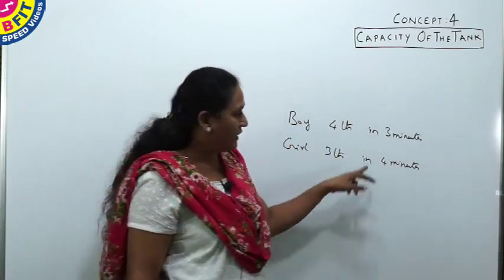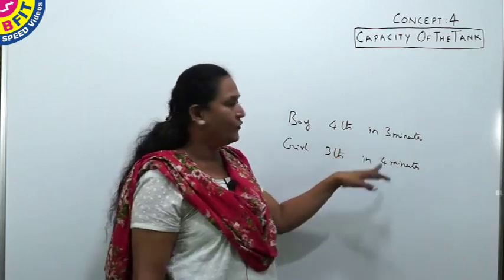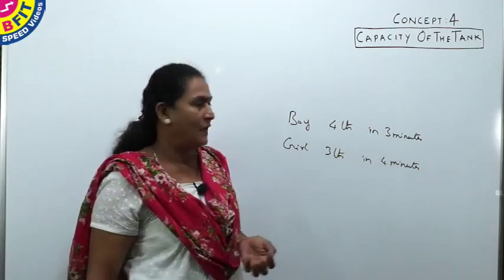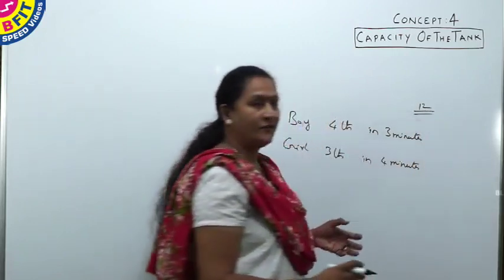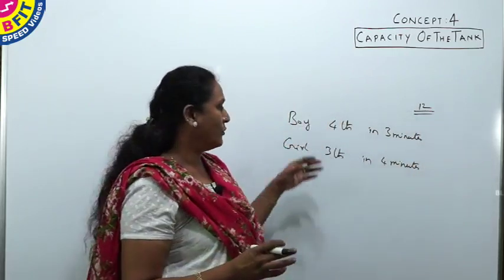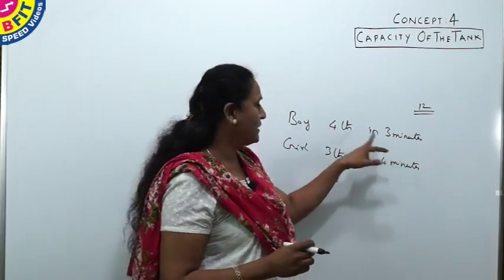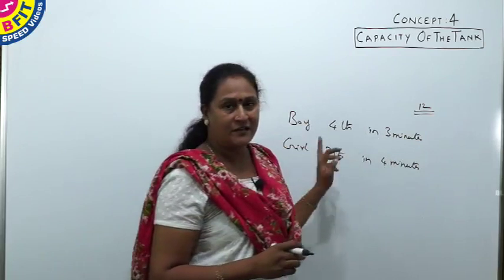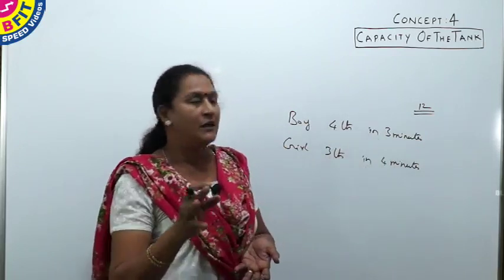As usual, we will find the LCM for this time taken. For 3 and 4, what will be the LCM? 12. Here we are forming a common time for both boy and the girl. So we have different timing: in 3 minutes 4 liters, in 4 minutes 3 liters. We take the LCM of 3 and 4, so it is 12 minutes.